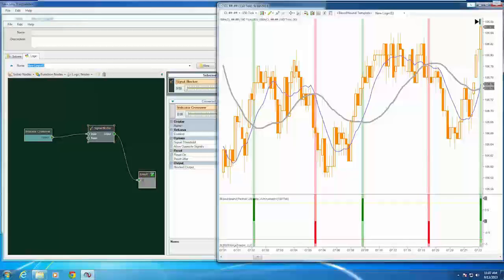Like I was explaining before, you might have some sort of anchor condition that has to occur before your other criteria kicks in. So the resets on these counters and the signal blockers are great for anchoring your behavior to occur only after those conditions. Right? So that's a great point, Randy.